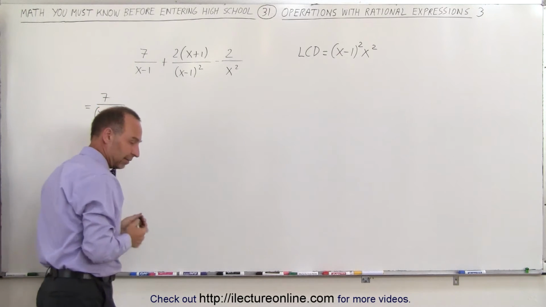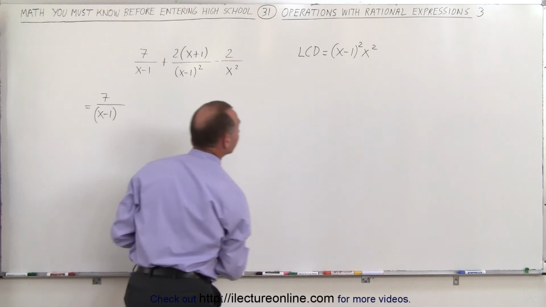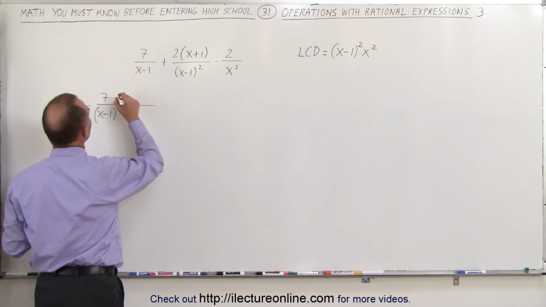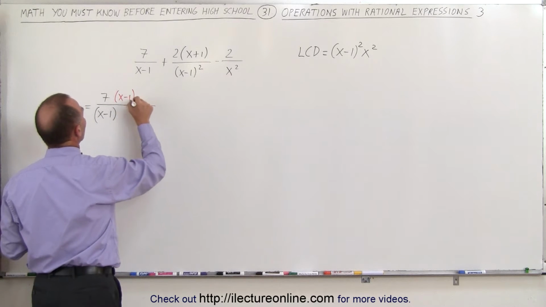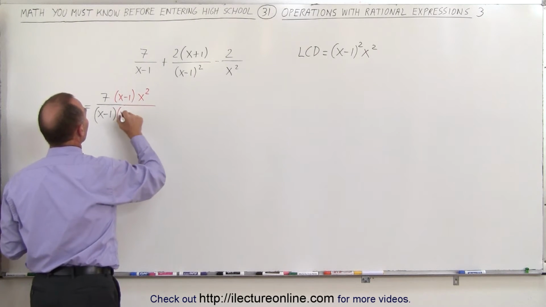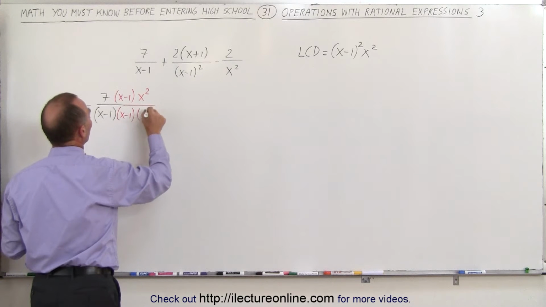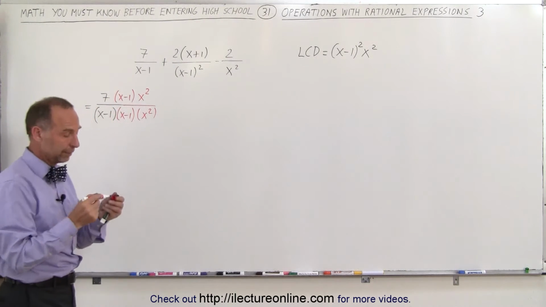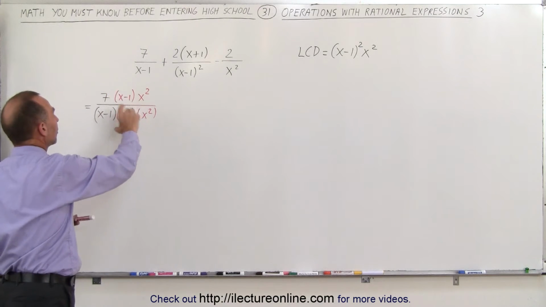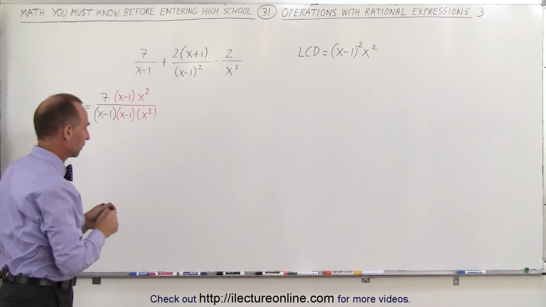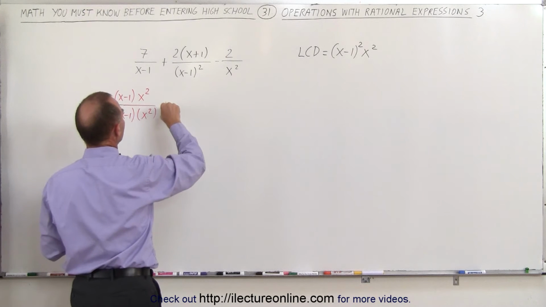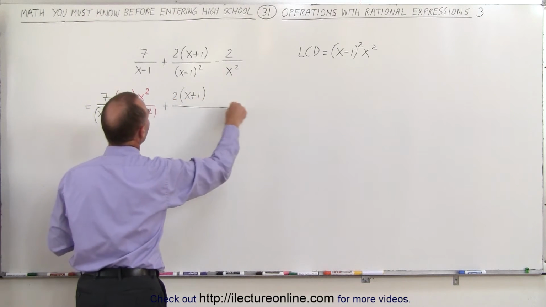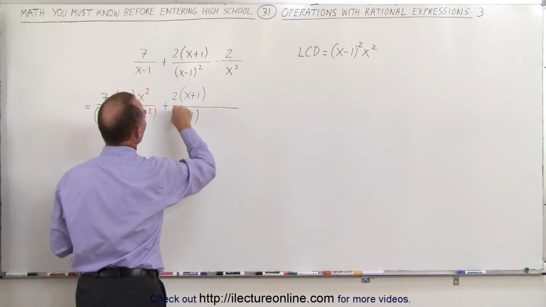And now notice that both the top and the bottom can now be multiplied by (x minus 1) times x squared, and notice that the denominator now is equal to the lowest common denominator. Again, when you cancel these out, you end up back with what you started with, plus the quantity 2 times (x plus 1) divided by (x minus 1) squared.